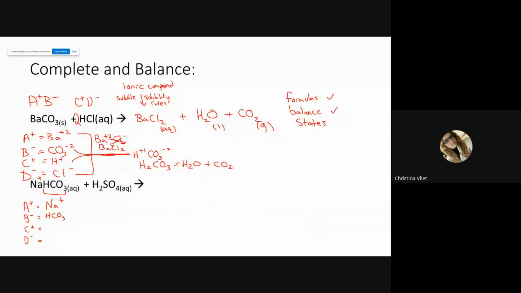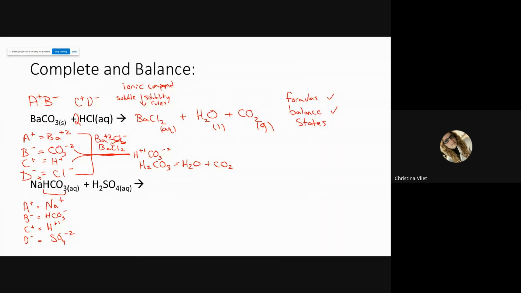It would be minus 1, or just negative, right? What is C plus here? H plus 1. And what is C minus? SO4, because the thing together is a polyatomic you've got to recognize. And it's SO4 with a -2.